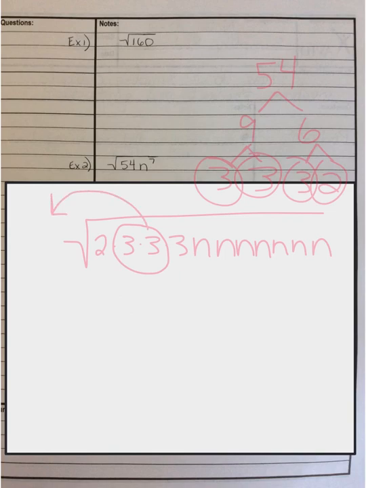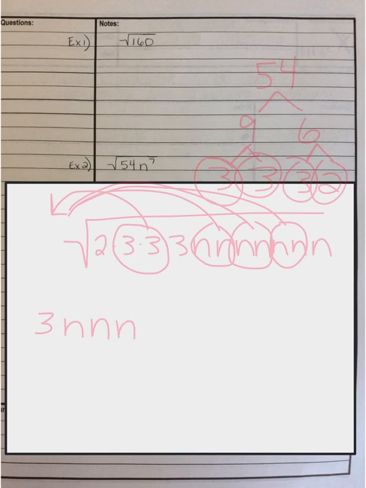So that's going to be in the front of my radical sign. We know that n times n is n squared, and if you take the square root of n squared, you get just an n. We have another n times n, which is n squared, and if you square root that, you get n. And we have another group of n times n, and if you square root that, you get n.